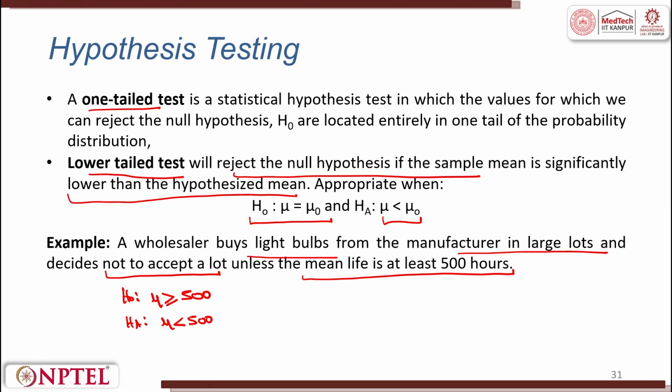So, here the phrase lower tail indicates alternative hypothesis should be less than sign. So, the wholesaler is looking for an evidence against the null hypothesis here. The words at least mean greater than equal to 500, this is the null hypothesis.